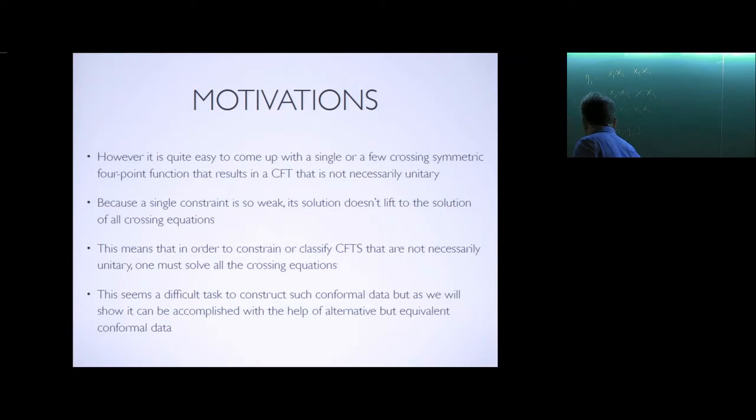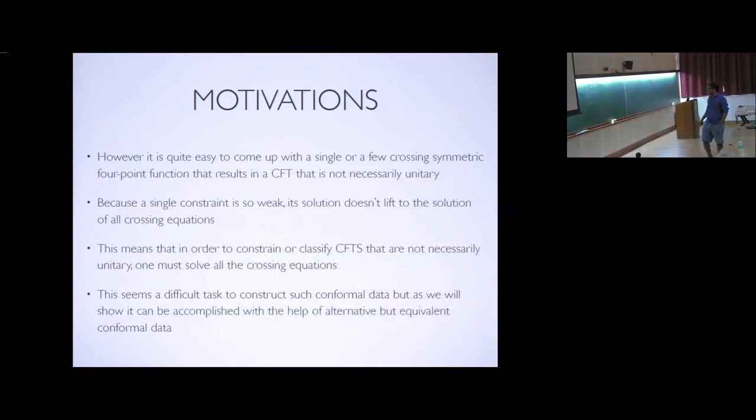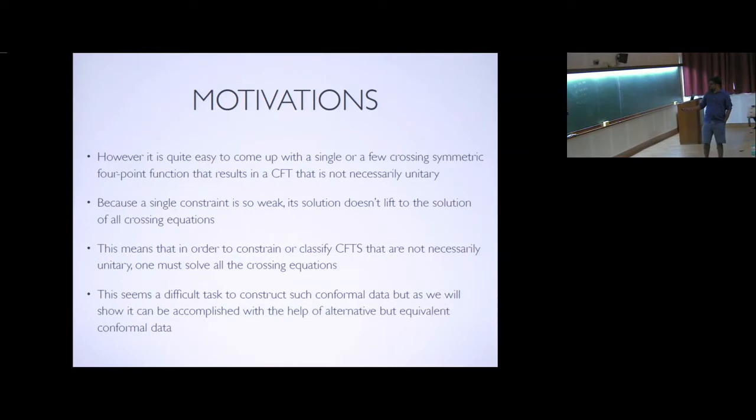And this function will always give you a crossing symmetric function with appropriate conformal dimension for external scalar operators. But of course, if you do a conformal block expansion, the coefficients will not be positive in general.